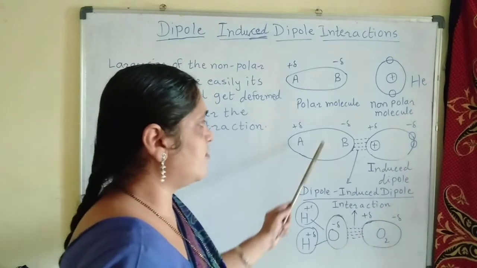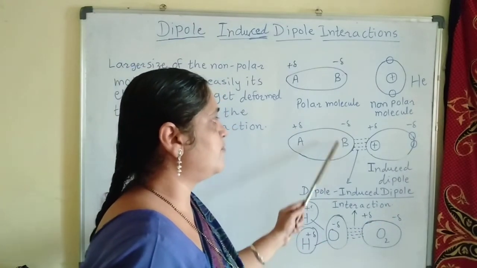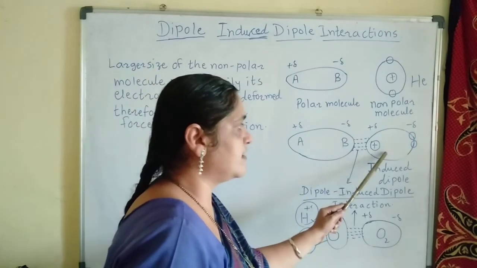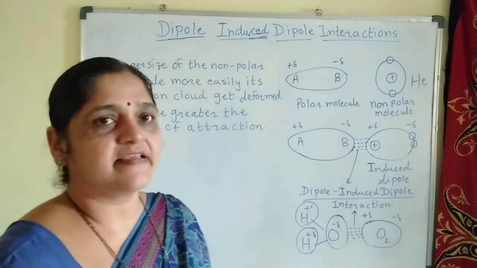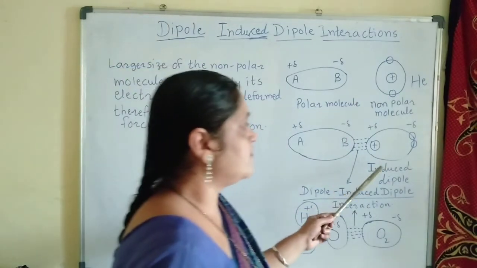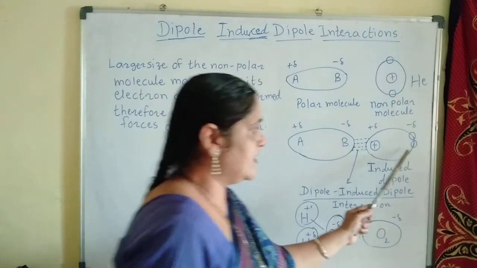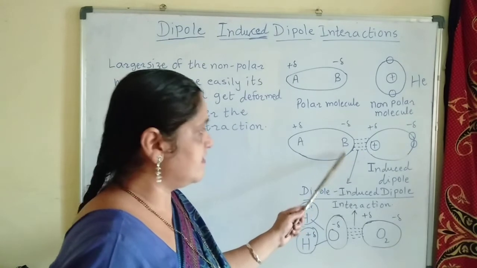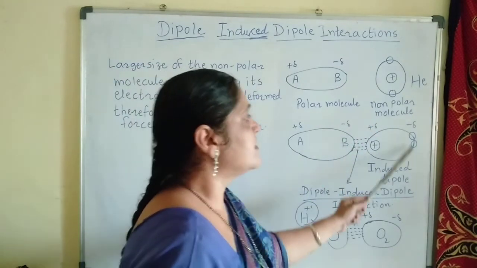So because of this dipole which is carrying negative charge, so B pole is carrying negative charge, is close to the helium. Therefore these two electrons, or we can say the electron density of the helium, move away from this B pole and the nucleus gets attracted towards this B pole, and thus the electron cloud of the helium molecule is deformed.